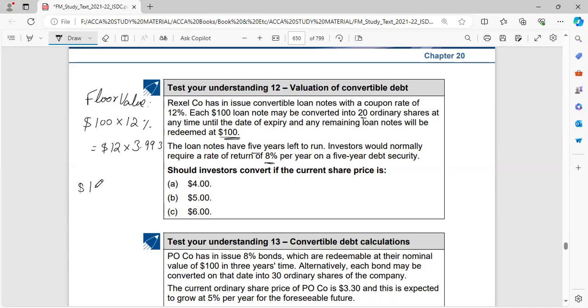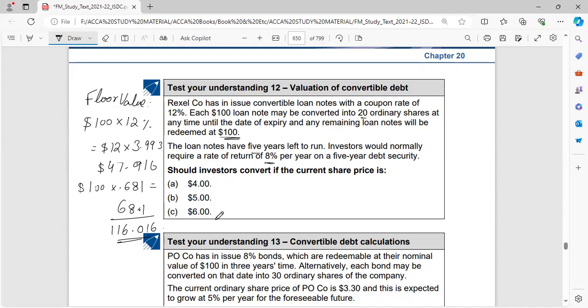And after that, he will earn $100 as redemption value after 5 years at 8%, present value factor of 0.681. So 12 into 3.993 is 47.916, and 68.1. Total 116.016. This is floor value.